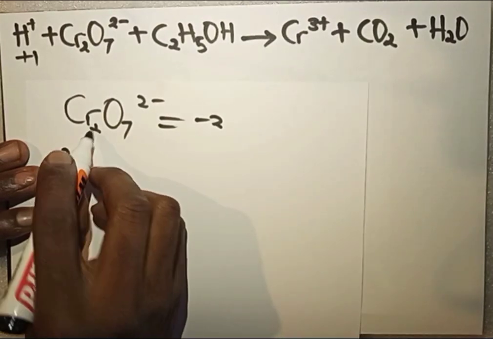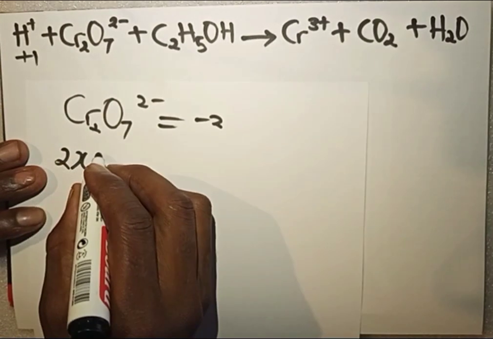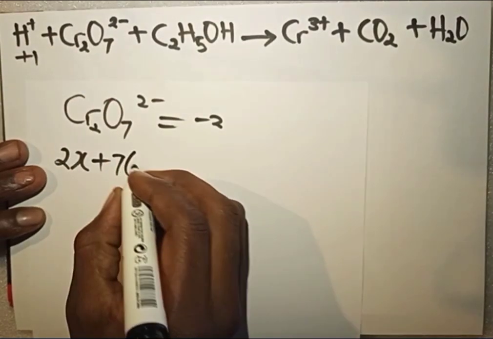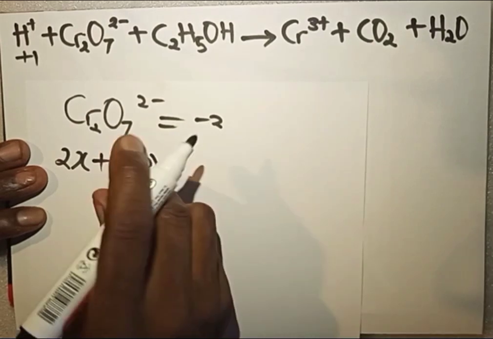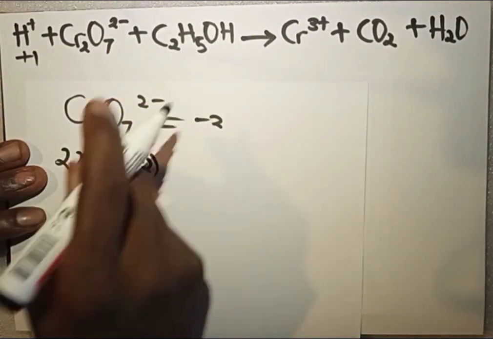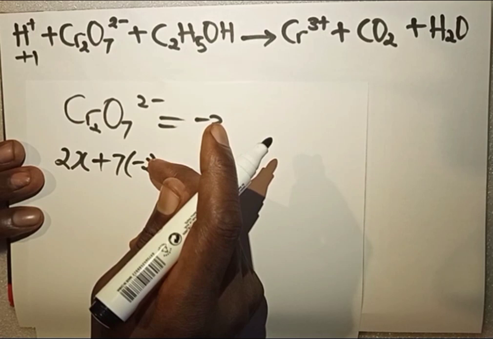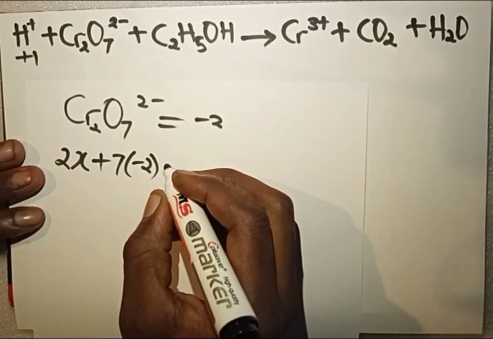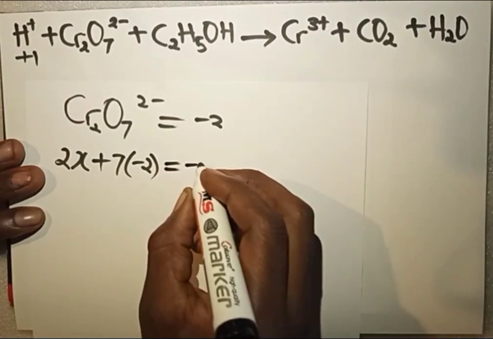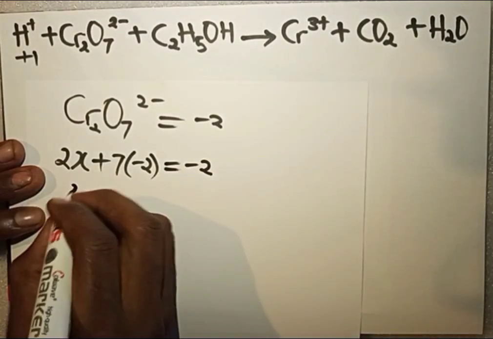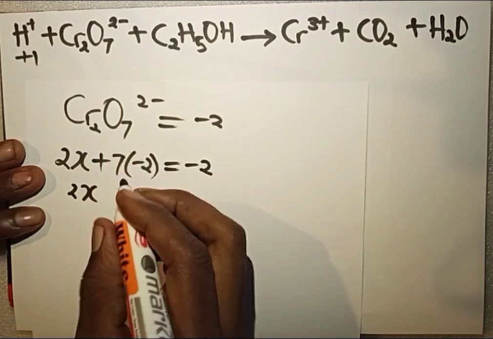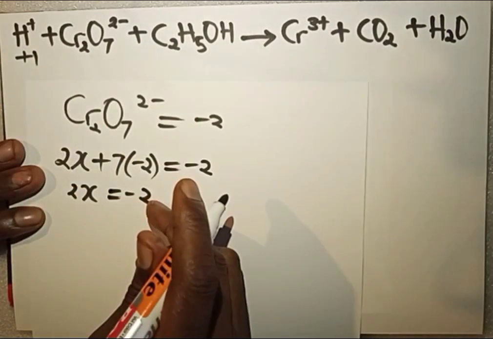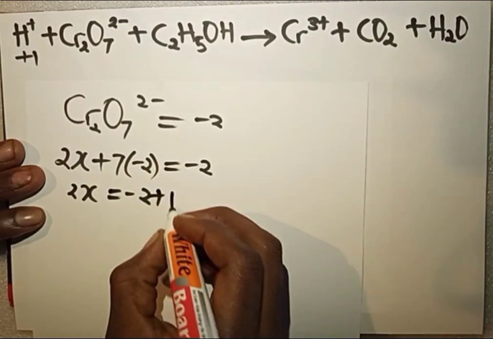So chromium, since we have 2, we don't know the oxidation state. We'll say plus oxygen, there are 7, and the oxidation state is -2. It is given in the rules for oxidation number that oxygen in its compounds has a -2 oxidation state. So 2x plus 7 times -2, which is -14, equals -2. When -14 crosses the equal sign, it will be +14.